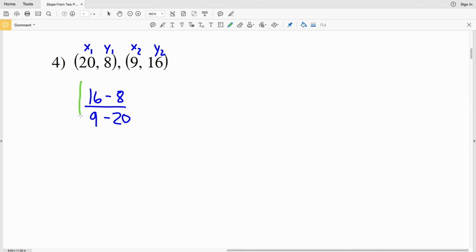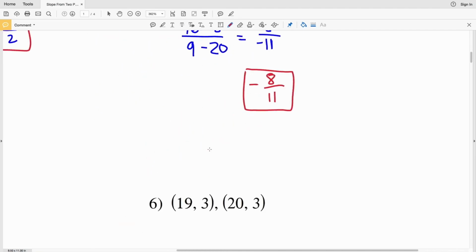So the coordinates will line up vertically in the formula. 16 minus 8 equals 8. 9 minus 20 will equal a negative 11. So my answer to number 4 for the slope is negative 8/11, since 8 over negative 11 cannot be simplified down anymore.